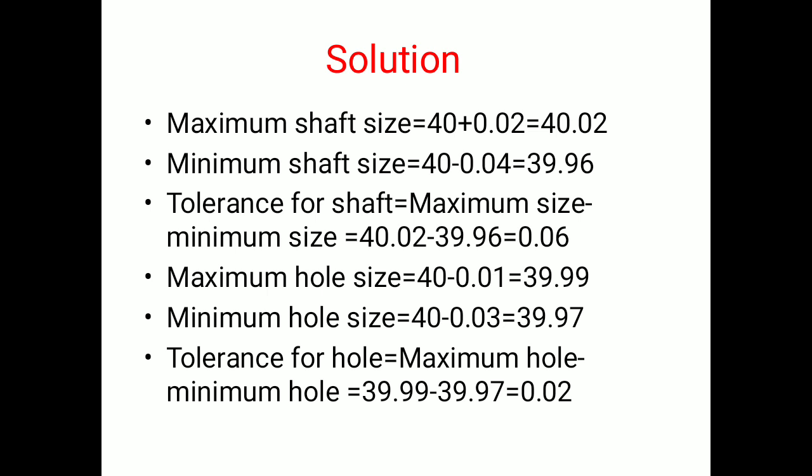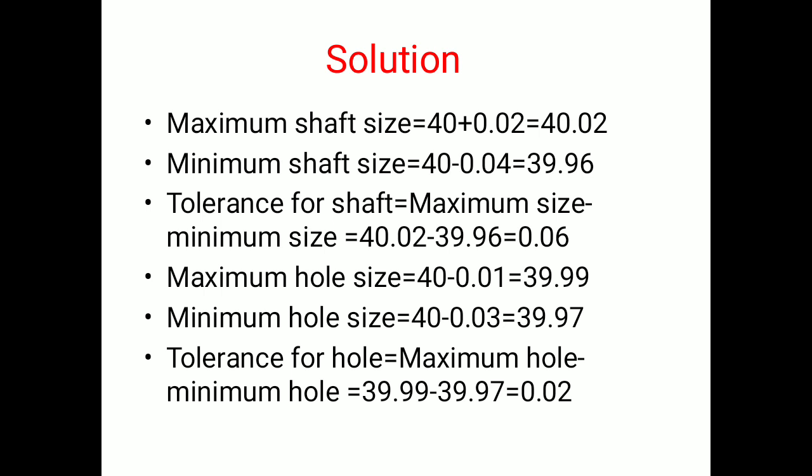Maximum shaft size is equal to 40 plus 0.02, 40.02. Minimum shaft size, 40 minus 0.04, equal to 39.96. Tolerance for shaft. Now what is tolerance?